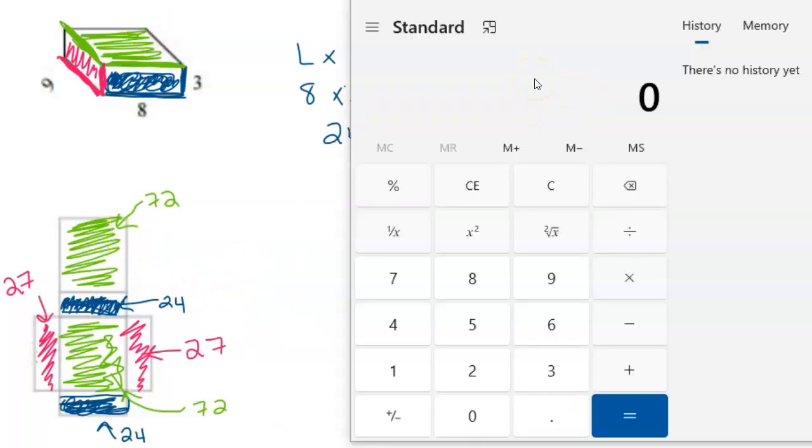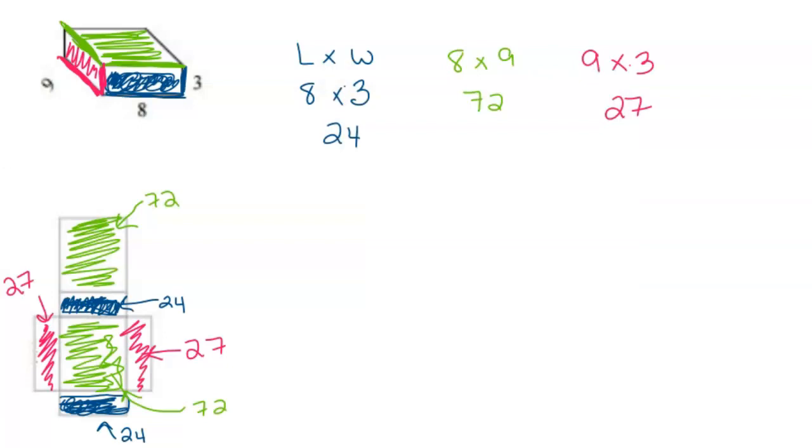So we're just going to add them all up. So we have 24 plus 24 plus 72 plus 72 plus 27 plus 27. And then you should get your total answer.